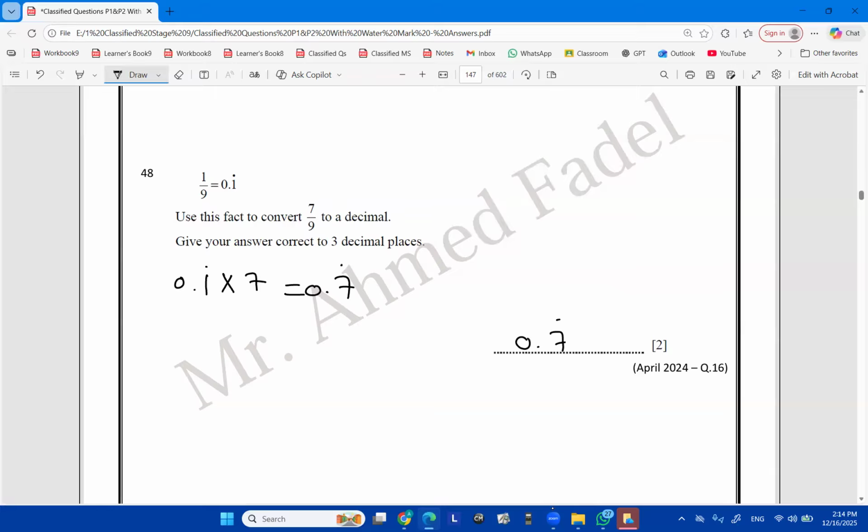In other words, 0.11111 times 7 equals 0.7777, and so on, which is just 0.7 with a dot notation above the 7.